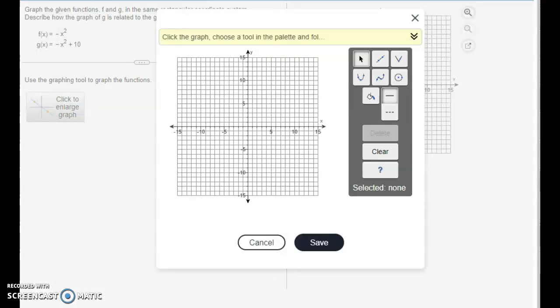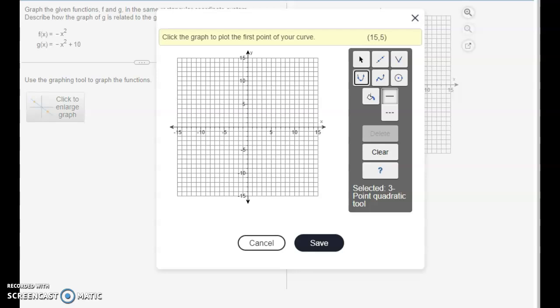And so in order to plot using MyLab Math, you're going to hit the parabola shape. It's a squaring function, so it has this parabola shape. It says selected 3-point quadratic tool, so I have to pick 3 points. I'm going to pick 0, 0. And then I'm going to pick another point.